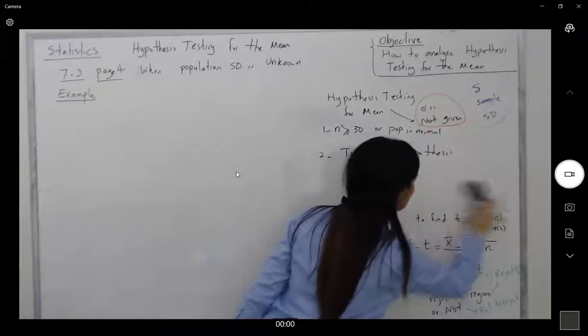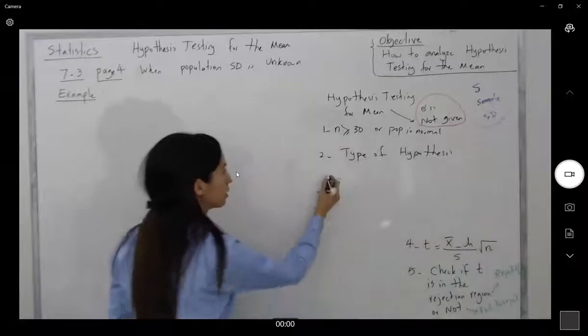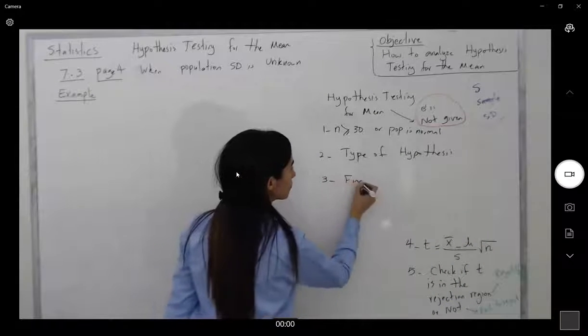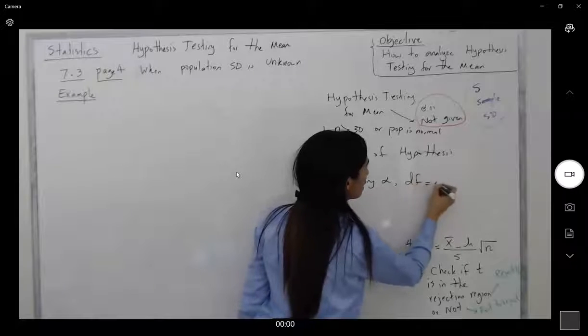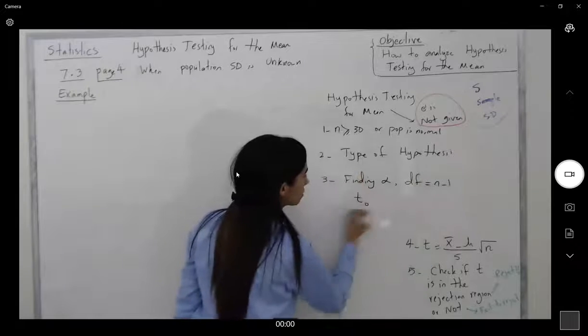Then 3, finding the critical values: alpha, degrees of freedom n minus 1, and t sub 0.